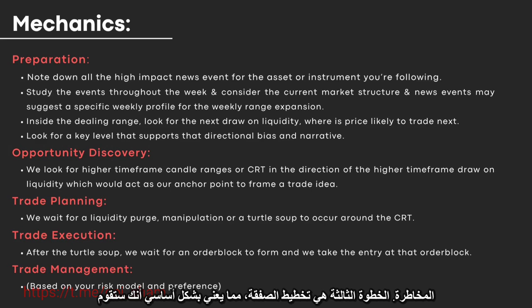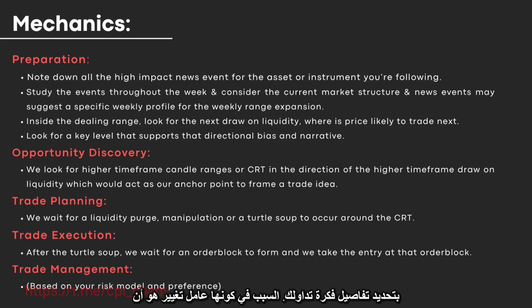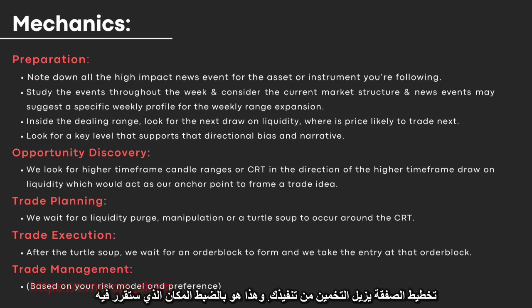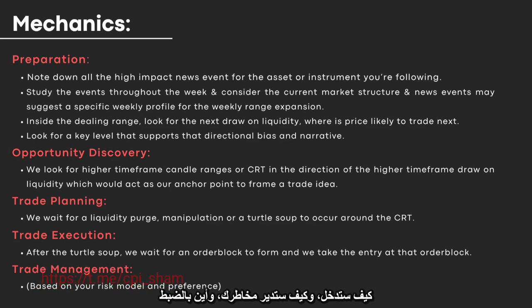The third step is trade planning, which basically means that you're going to be defining the details of your trade idea. The reason it's a game changer is that trade planning takes the guesswork out of your execution, and this is exactly where you're going to decide how you're going to enter, how you're going to manage your risk, and exactly where you're going to exit the trade.